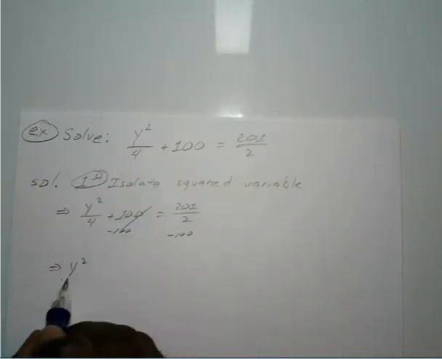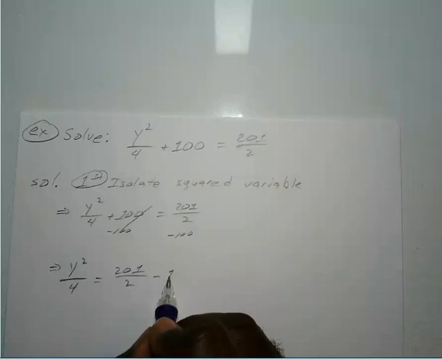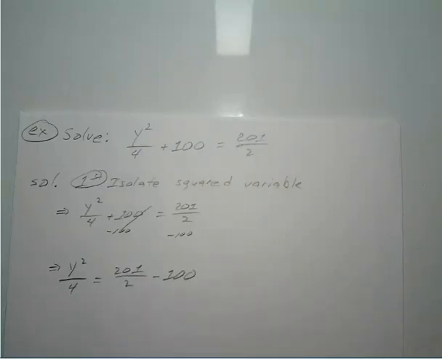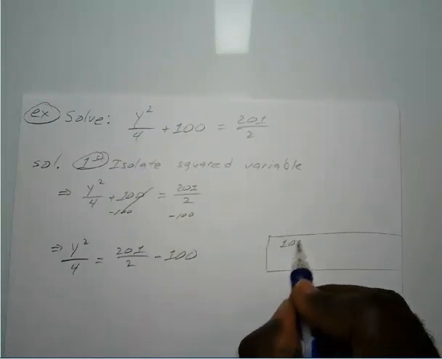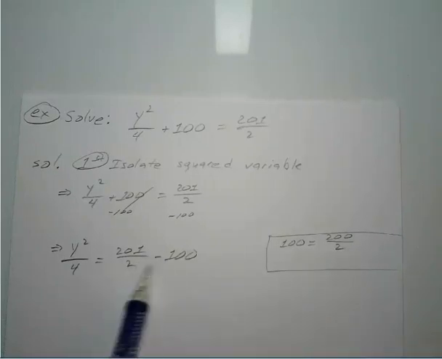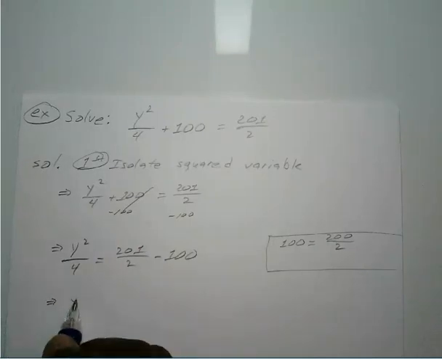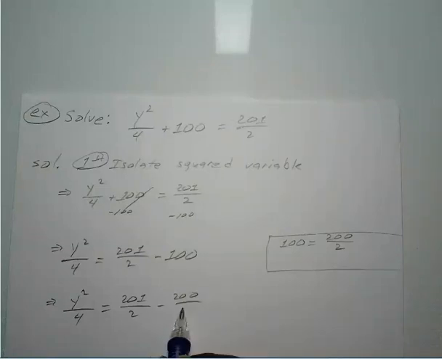So y squared over 4 is equal to 201 over 2 minus 100. Okay, so quick note, 100, you can make that equal to 200 over 2 just to get our denominators matching up. So y squared over 4 equals 201 over 2 minus 200 over 2.